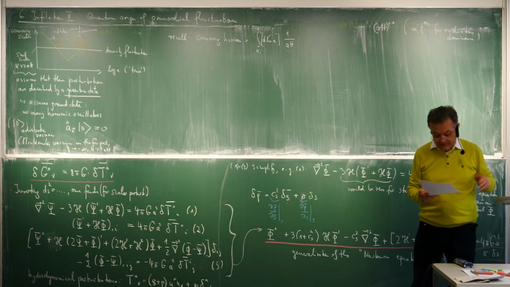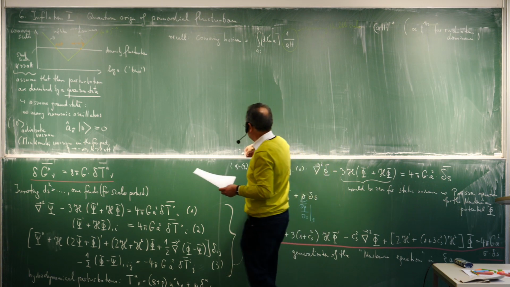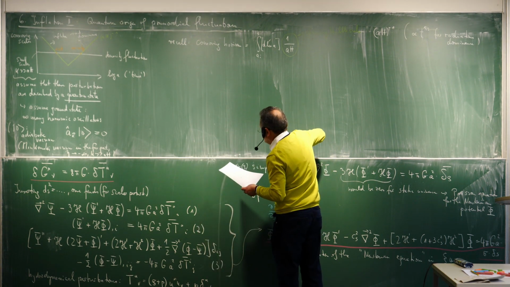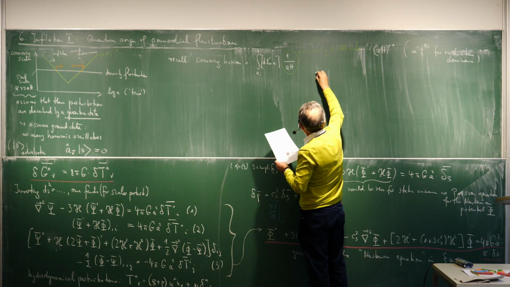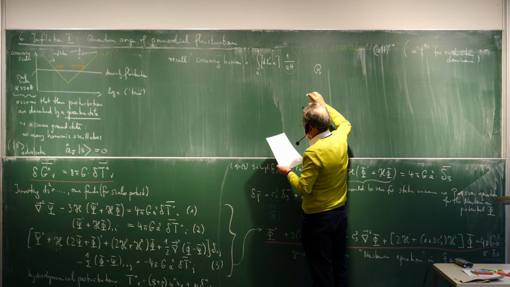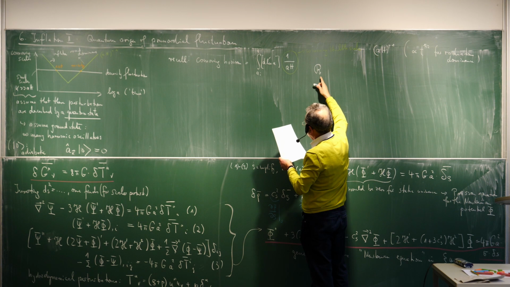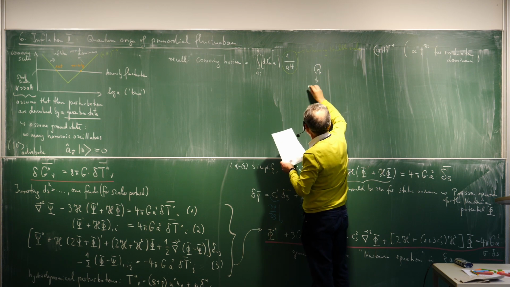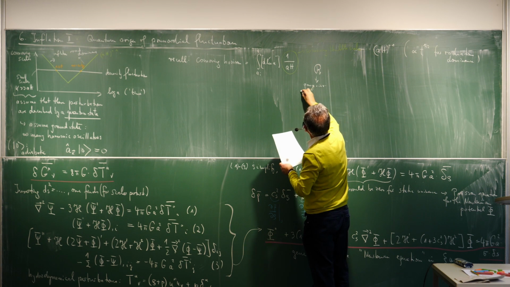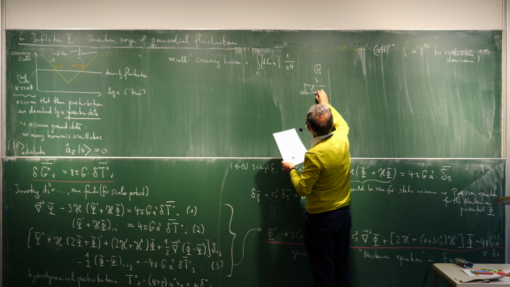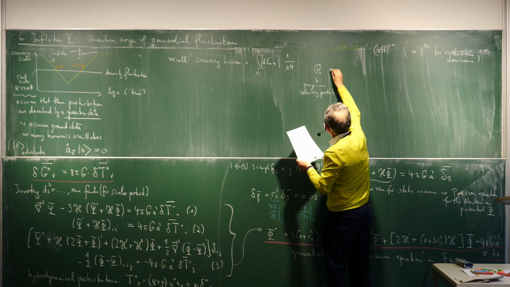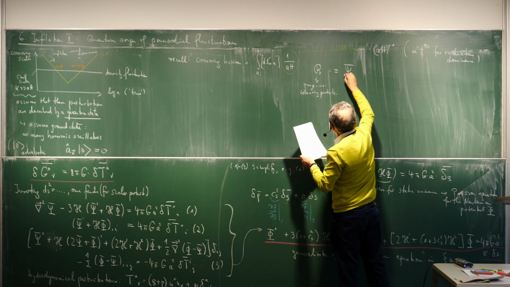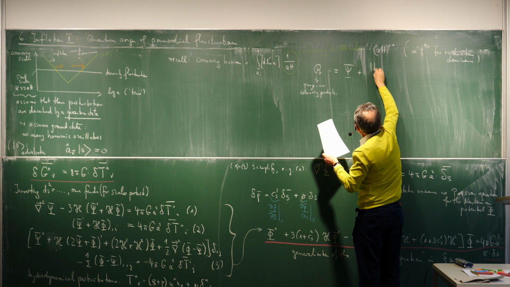Now, because this is just a brief review, let me mention that we can construct a gauge invariant variable that is called the co-moving curvature perturbation. It is defined from the Bardeen potential in this form.